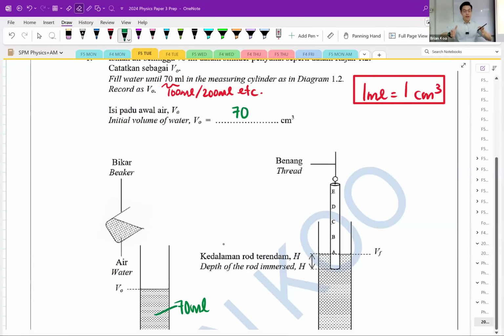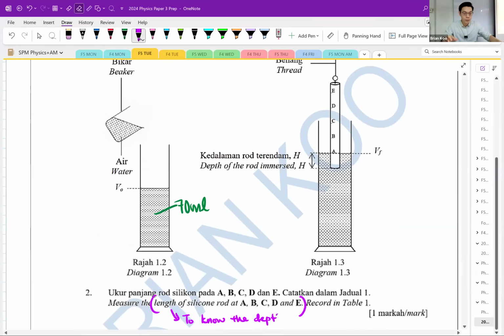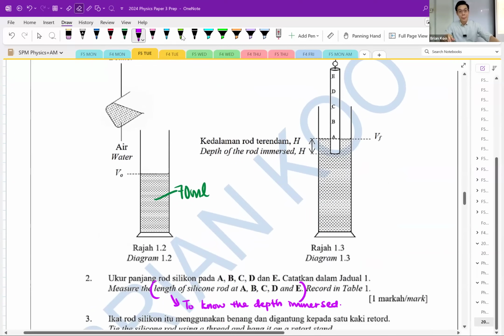Okay. You have a huge measuring cylinder and you can dip this object. Now in step 2, they say measure the length of the silicon rod, or it could be a candle, whatever. Measure the length of the silicon rod. This is so that you can know the depth immersed.